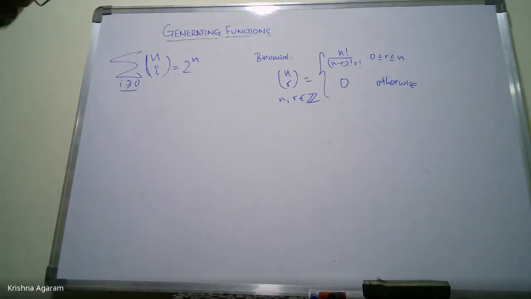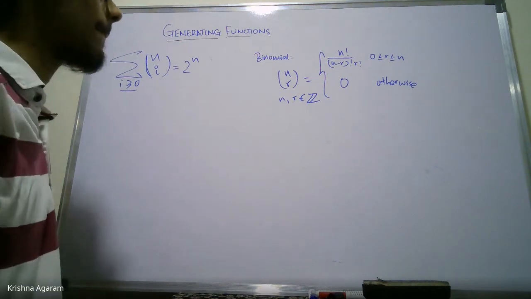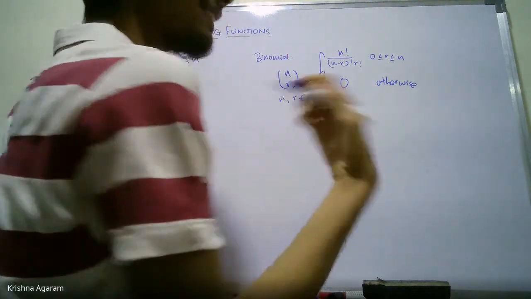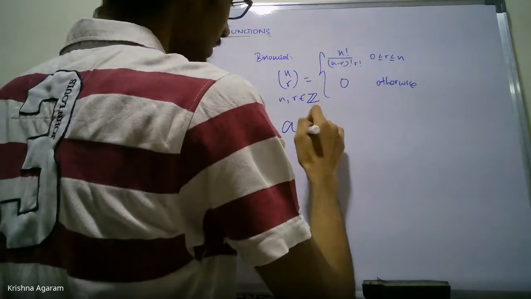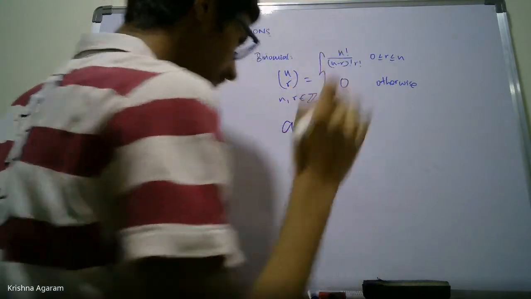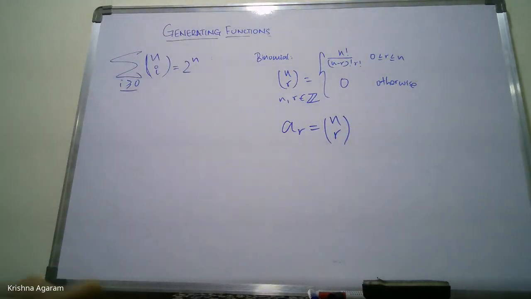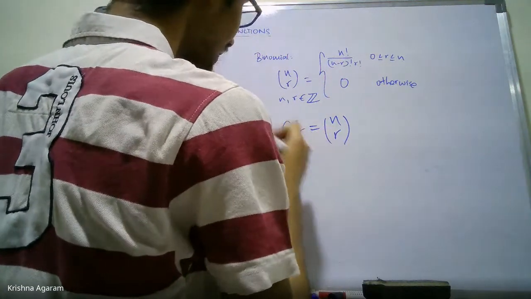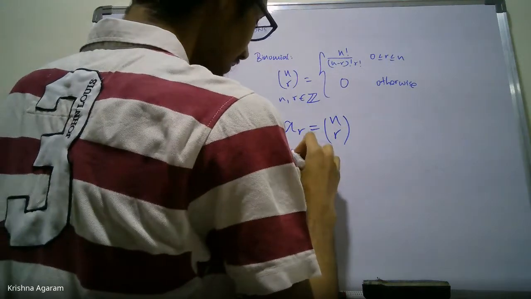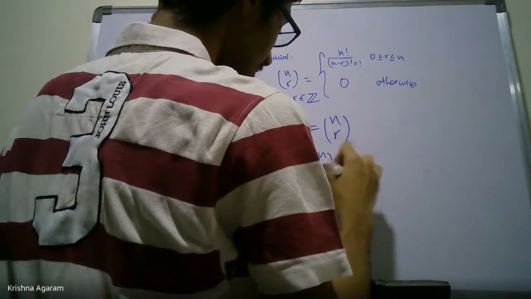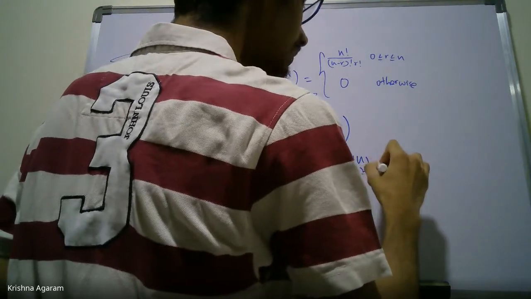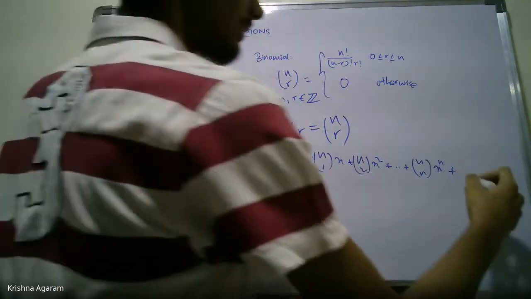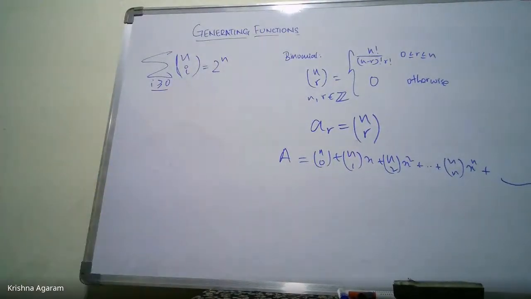And why we define it this way: let's say you want to find the generating function of the binomial coefficients, so that ar is just n choose r for some fixed n. So you know that, at least till n, if I write this as a(x), it is just n choose 0 plus n choose 1 x plus n choose 2 x squared, and so on, till n choose n x to the n, plus you have to define however it is for r more than n.